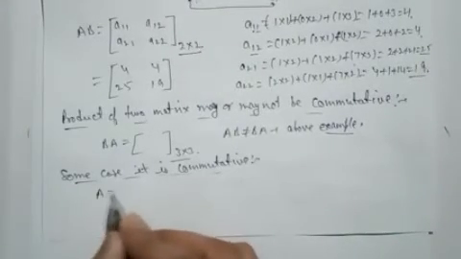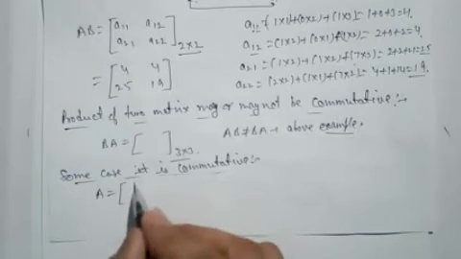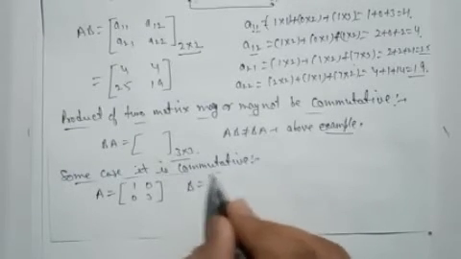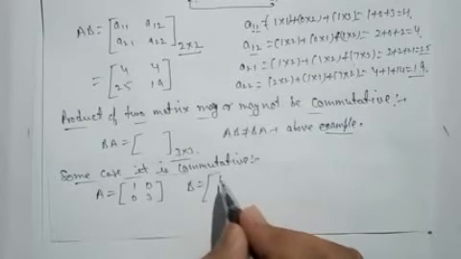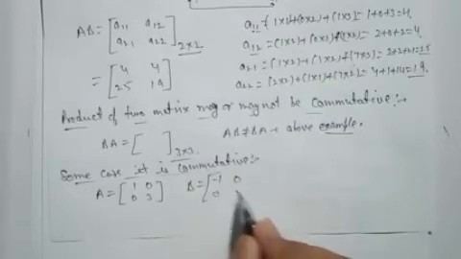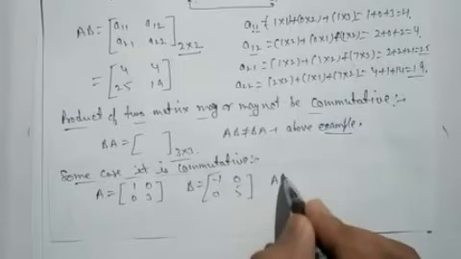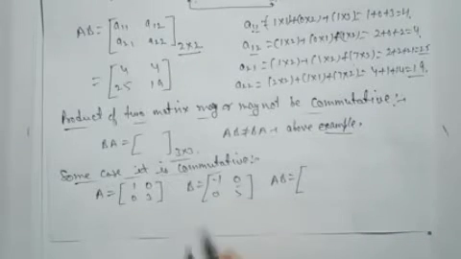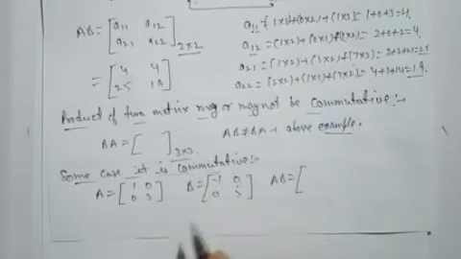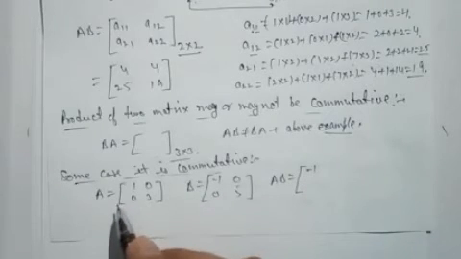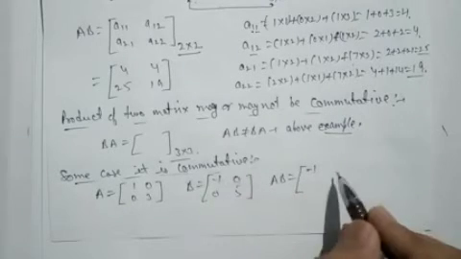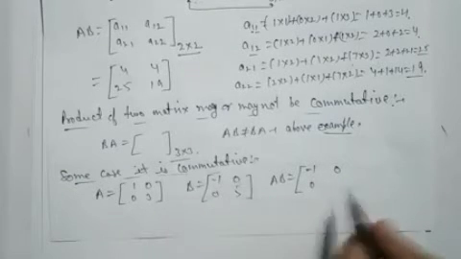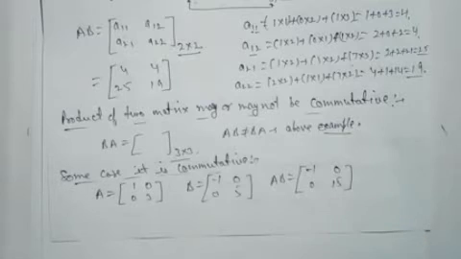If we take an example, A is 1 0 0 3, B matrix is minus 1 0 0 5. AB's first row first column is minus 1, first row second column 0, second row first column 0, second row second column is 15.